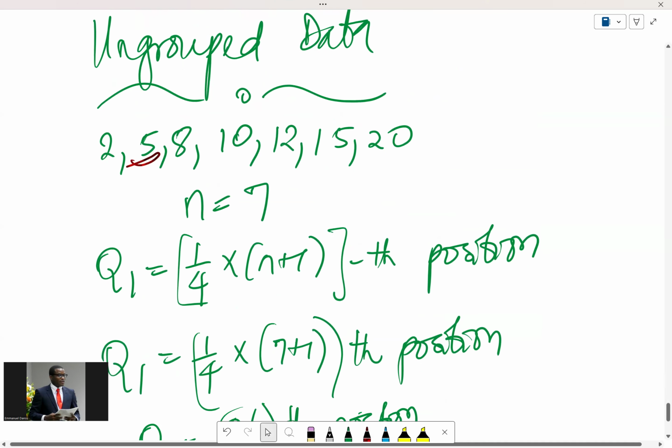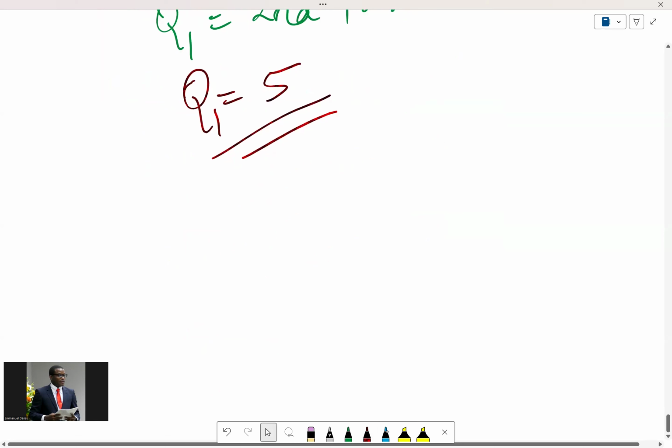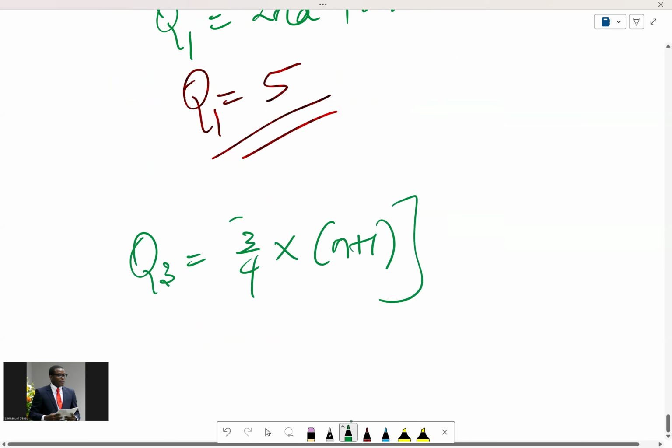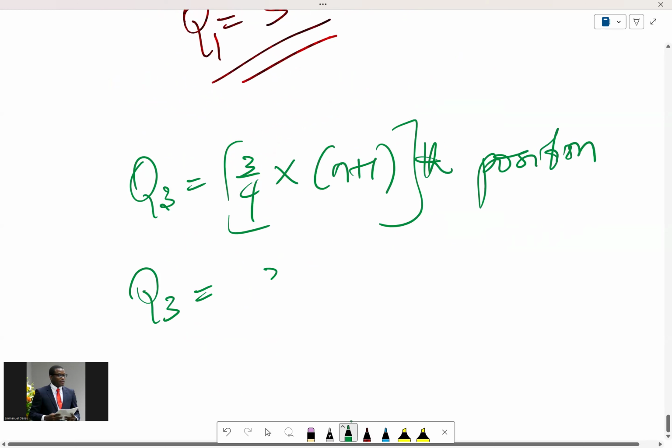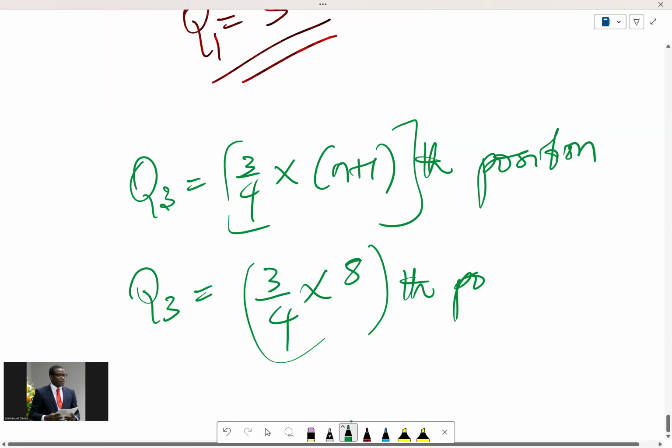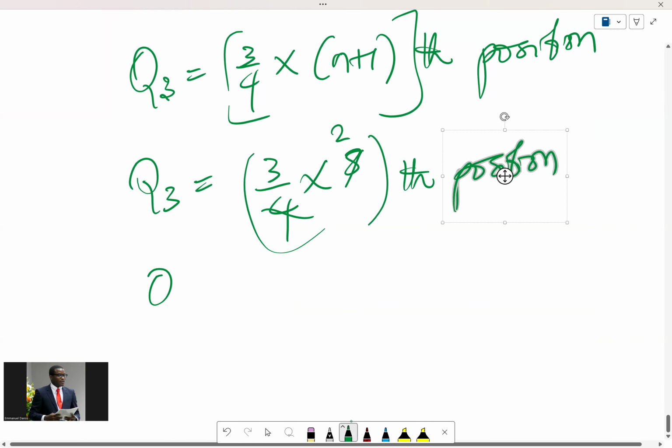And then for Q3, you have Q3 is 3/4 times n plus 1, and that is still the position. So Q3 is 3/4 times 7 plus 1, which is 8, so the sixth position in the data set.